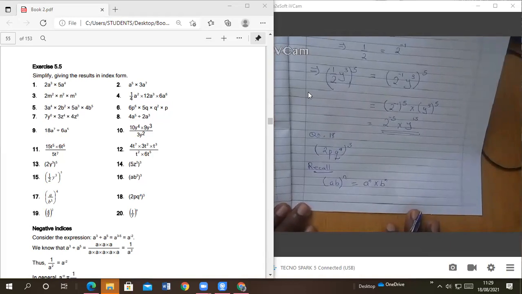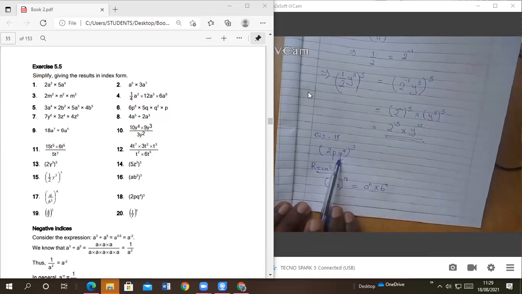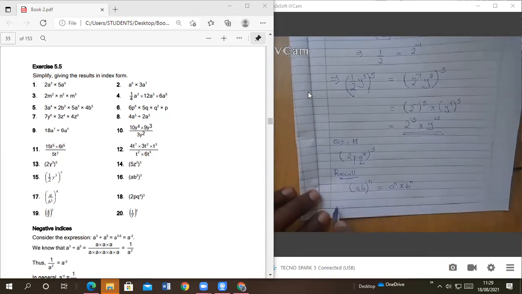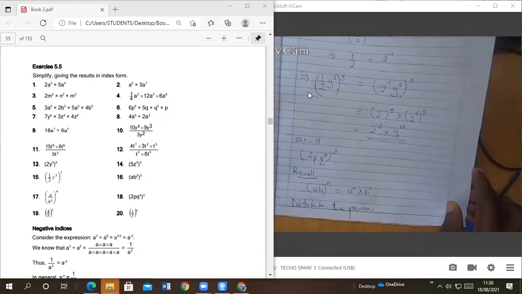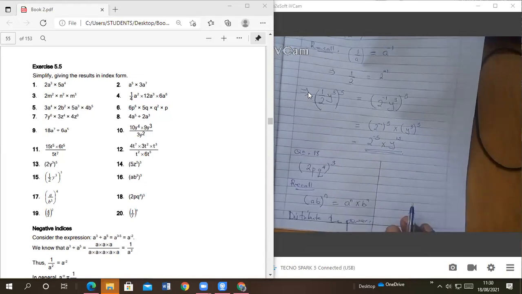Record that. So this power 3 here is for 2, for p, and for q. So can we distribute the power? When we distribute the power, what do we get?